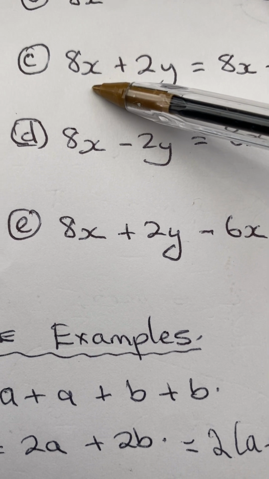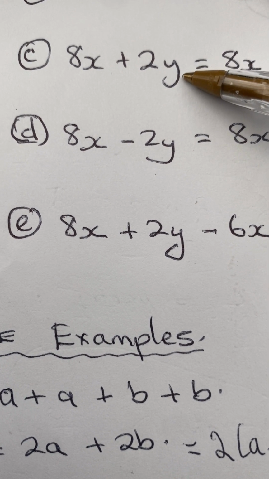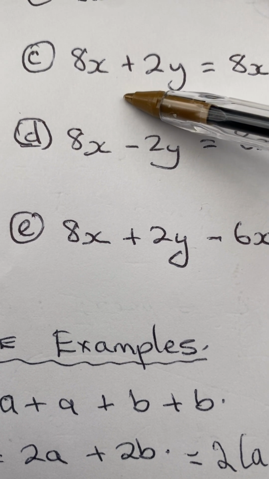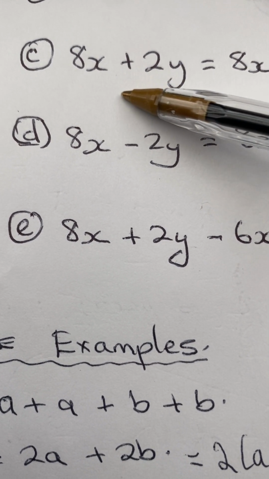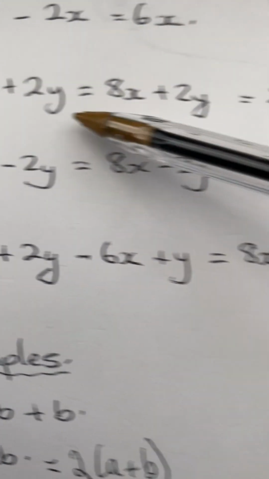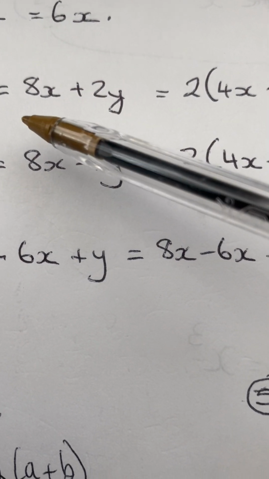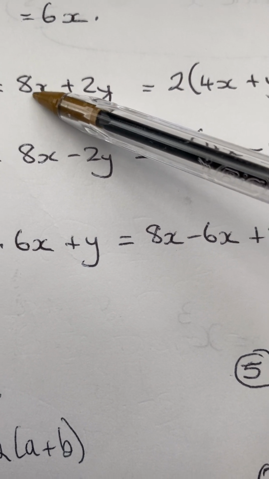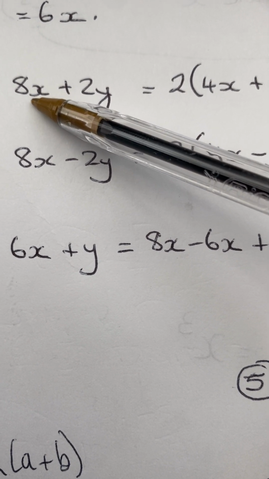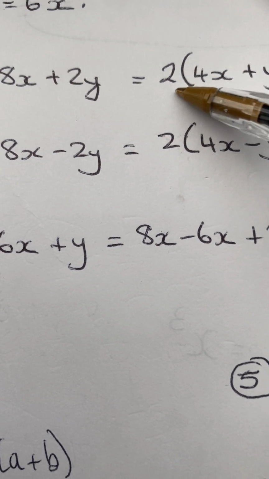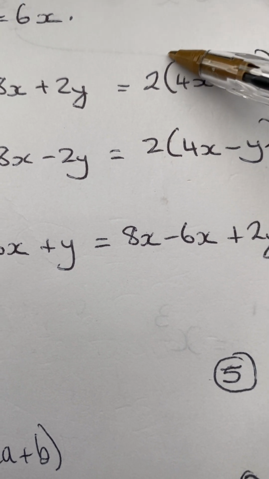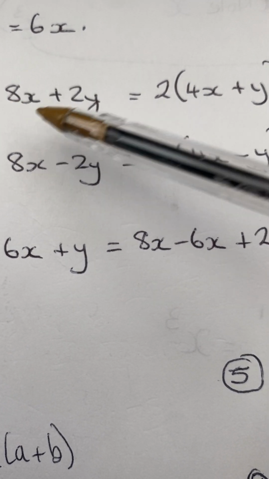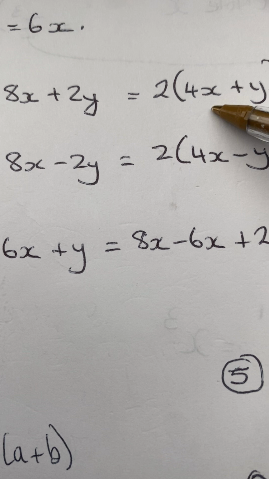C, 8x add 2y. Here there are no like terms to be grouped together, so our answer will still remain 8x add 2y. But because 2 is a factor of 8, we can bring 2 out, introduce a bracket. How many 2's do we have in 8? 4, so 4x.